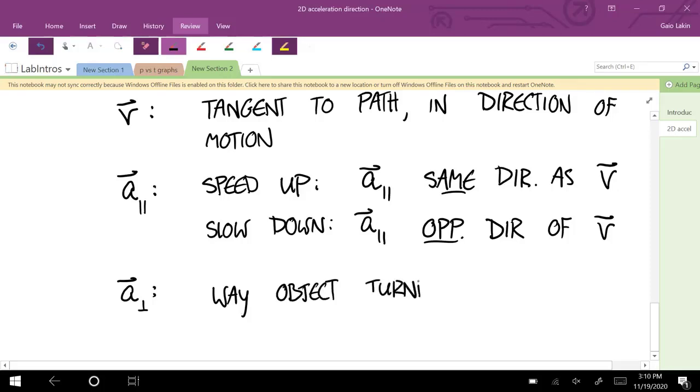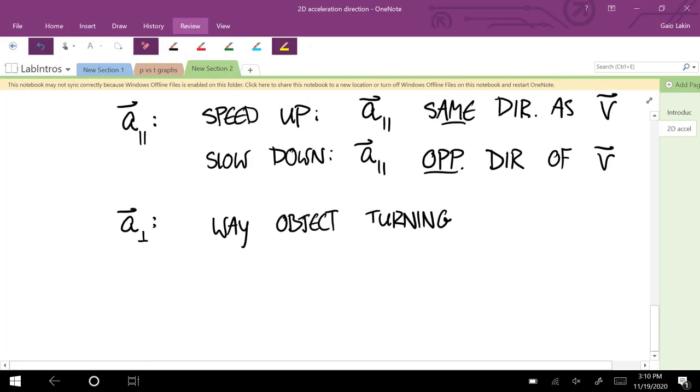One way you can think about that is if the object wasn't turning at all, its path would stay exactly along the velocity vector. So whichever side of the velocity vector the path lies on, that's the direction that the object is turning.